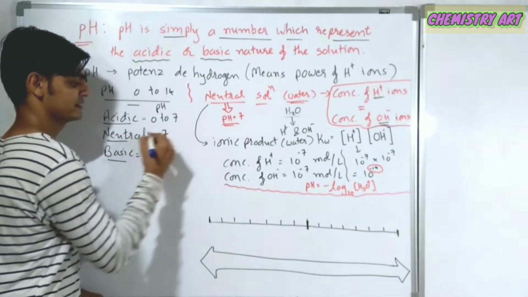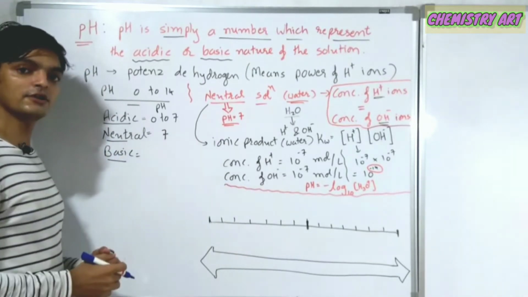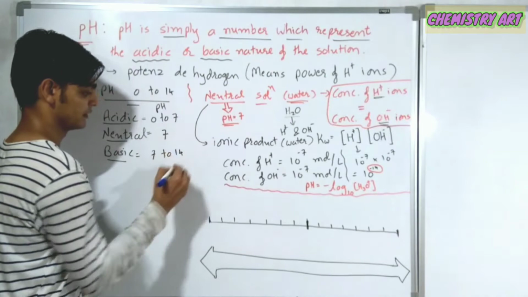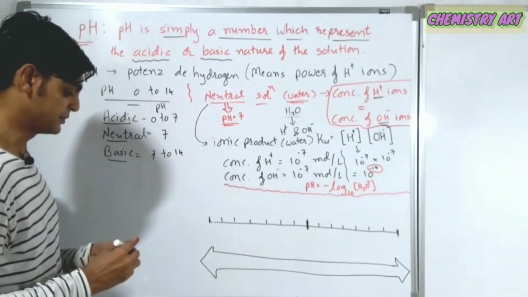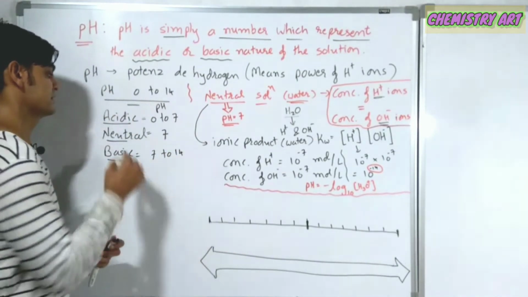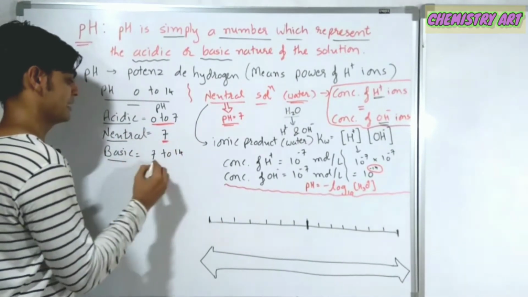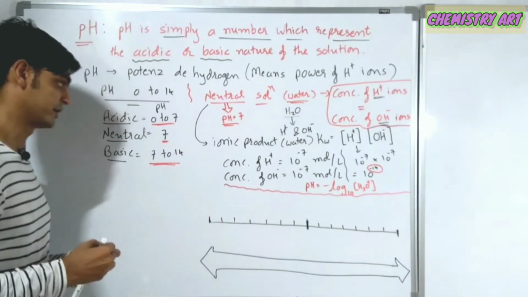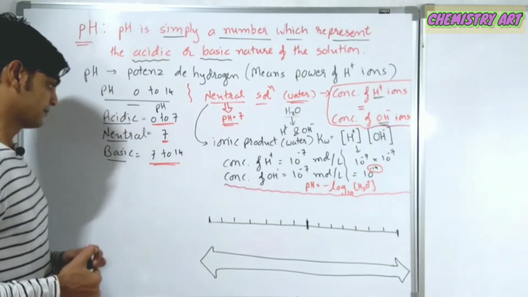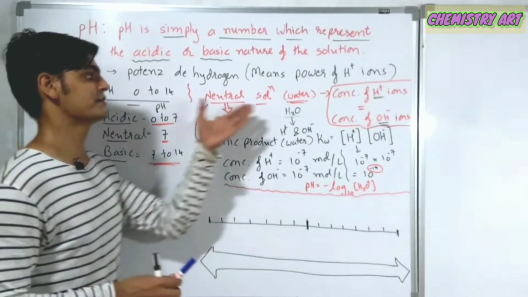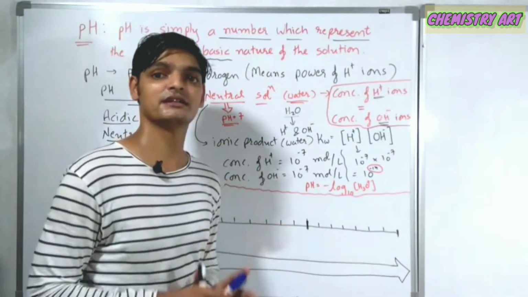And in a basic solution, the pH will be 7 to 14. So these are the pH values of different kinds of solution: acidic 0 to 7, neutral 7, and basic 7 to 14.